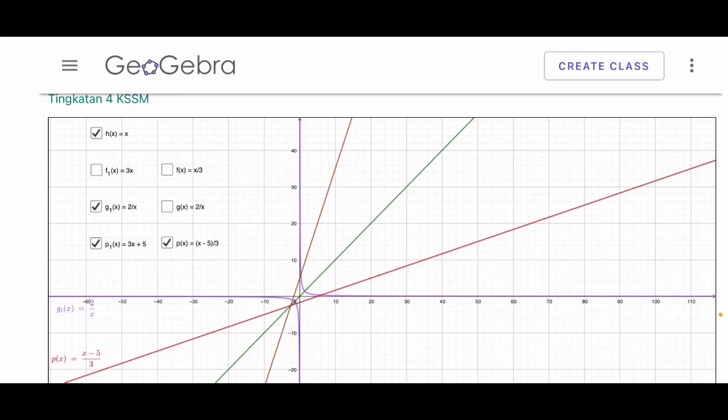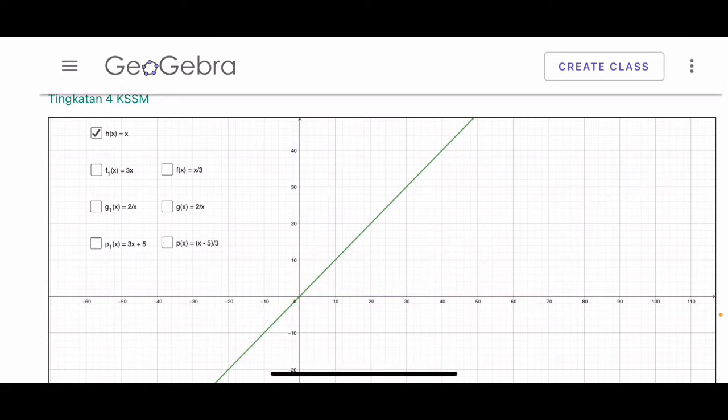Let me show you again. You have h(x) equal to x, which is actually y equal to x. If they are symmetrical about it, then that should be the inverse.